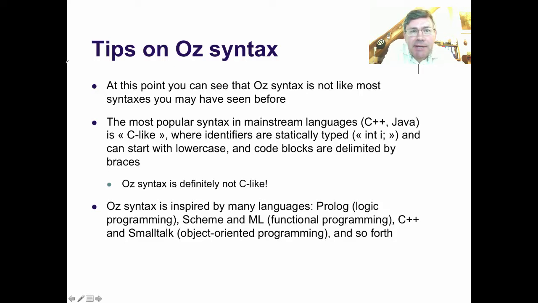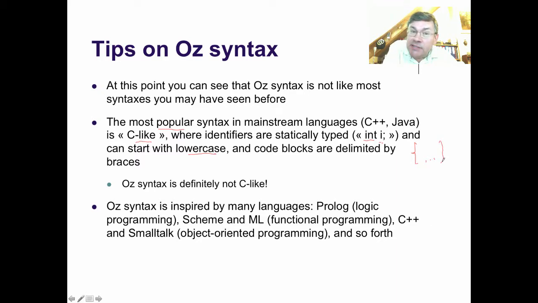By now you can see that Oz syntax is not like most syntaxes you might have seen before. The most popular syntax in mainstream languages, like C++ or Java, is what's called the C-like syntax, where identifiers are statically typed, like int I, semicolon, and they can start with lowercase, and code blocks are delimited by braces.